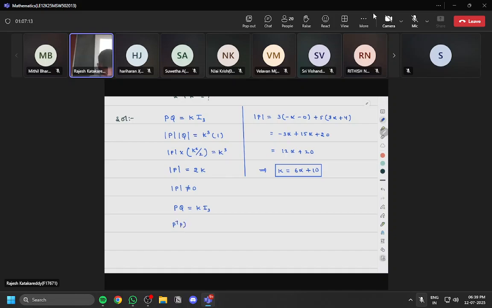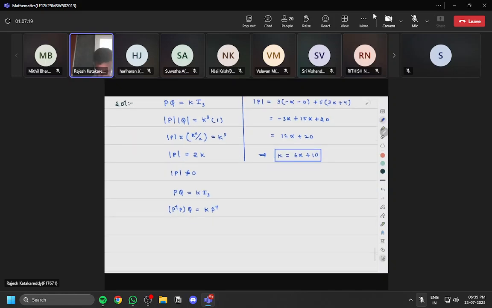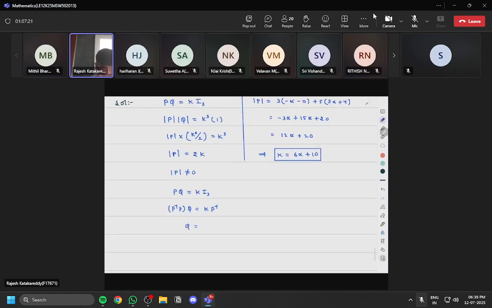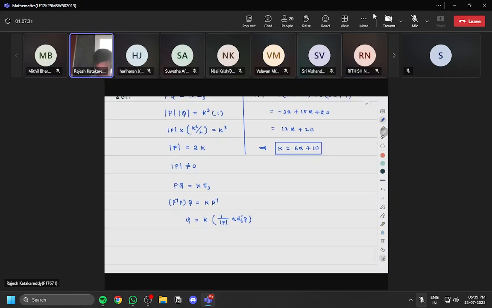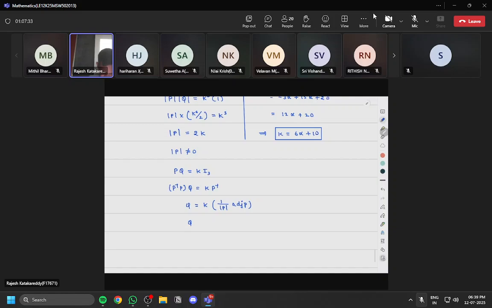P inverse into P into matrix Q is equal to K into P inverse. Now this becomes Q is equal to K into P inverse, and the formula is 1 by determinant of P into adjoint of P. Determinant of P is 2K, so K in numerator and denominator got cancelled. This is 1 by 2 into adjoint of P.